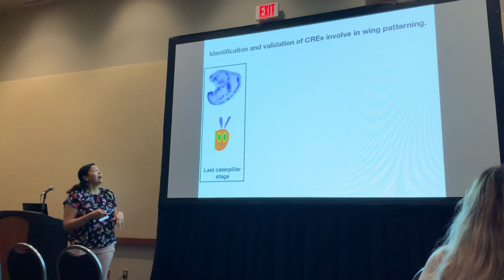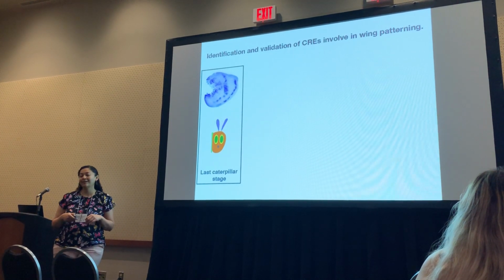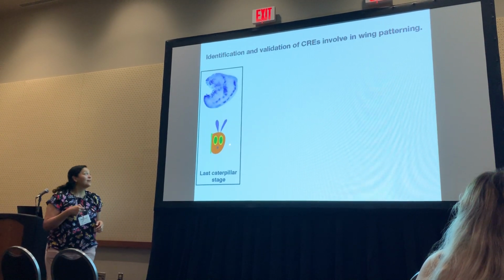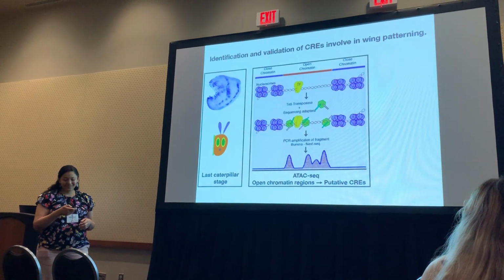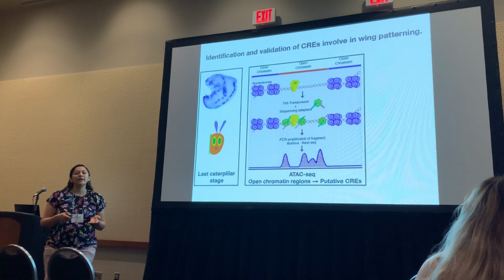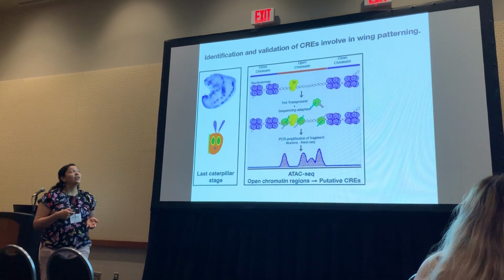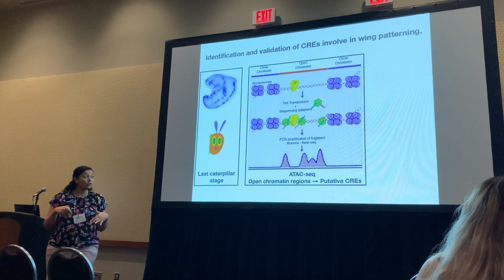To do that, I have collected imaginal discs when WntA is expressed, but also collected the tissue from the heads. With this, I built ATAC-seq profiles. And ATAC-seq is a method that allows me to identify regions of the DNA that are without nucleosomes.